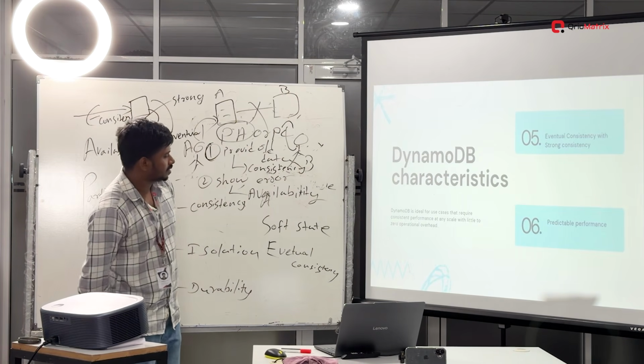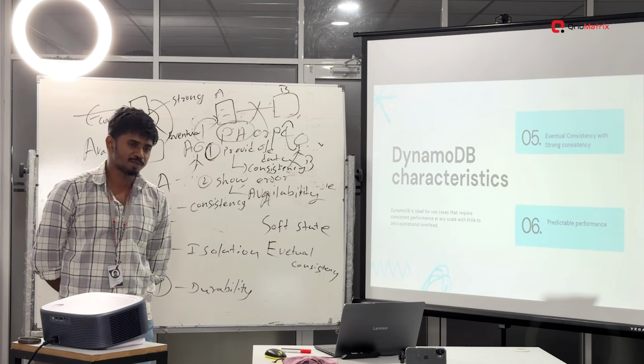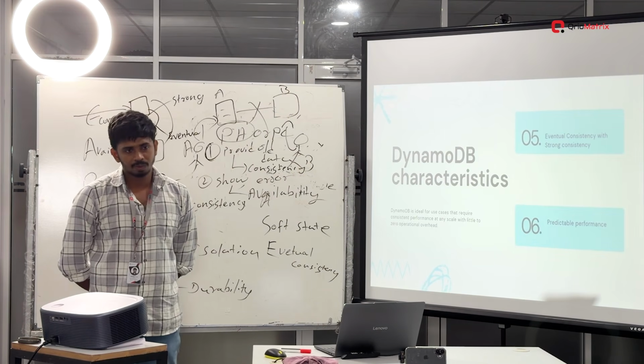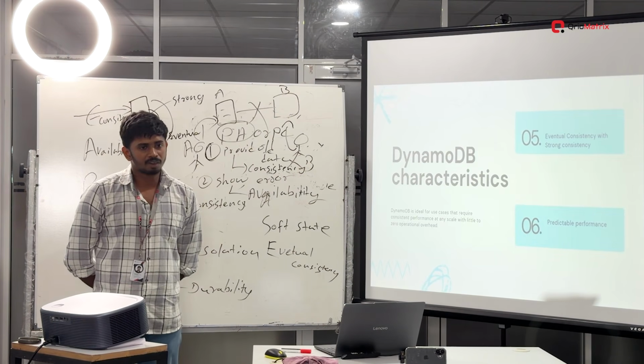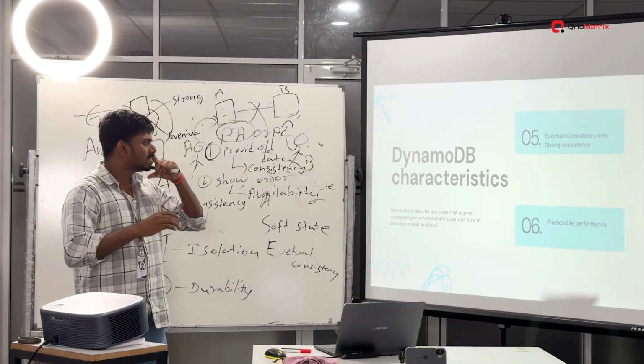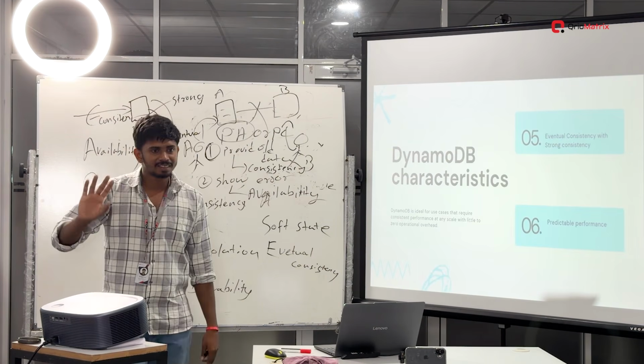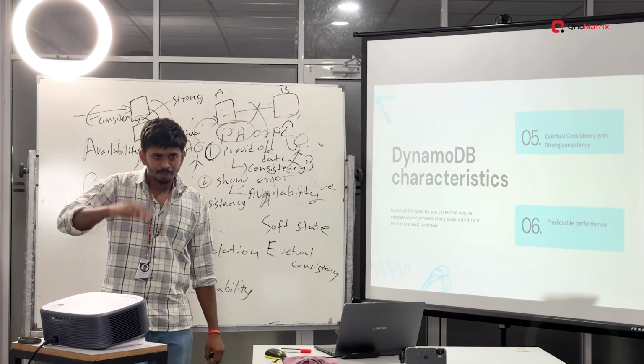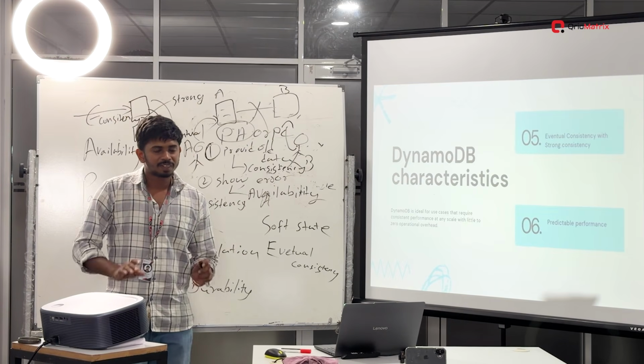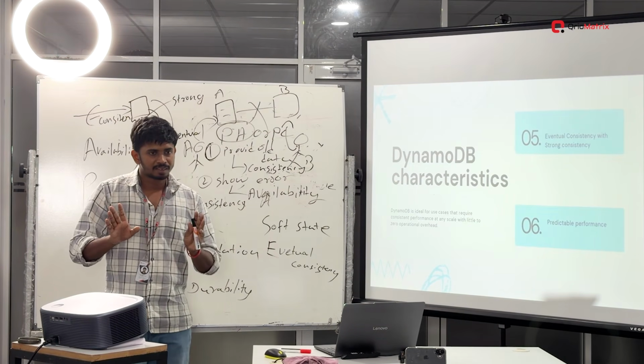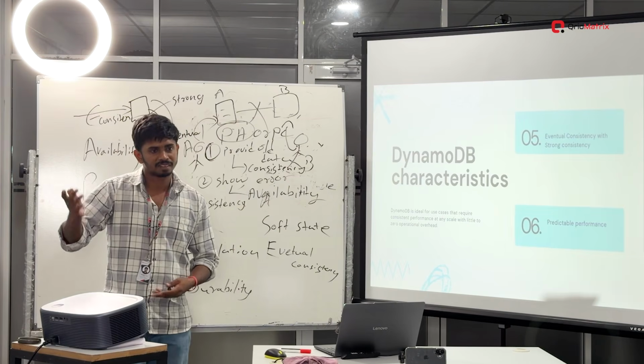The next thing is predictable performance. We discussed it earlier too. These AWS services are known for predictable performance because in most cases they don't have much variance from one scenario to the next.